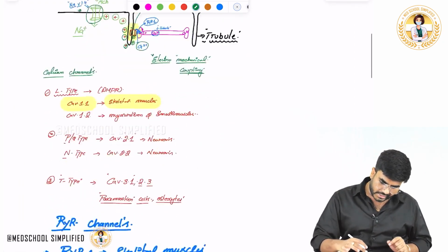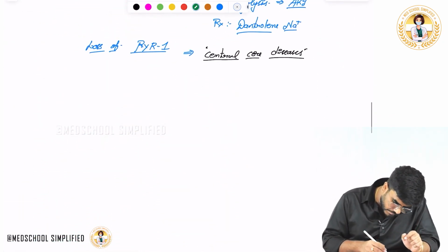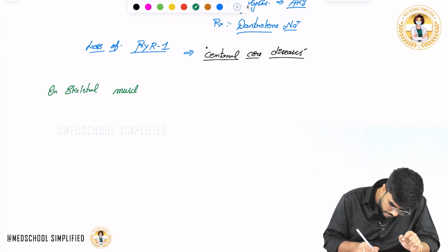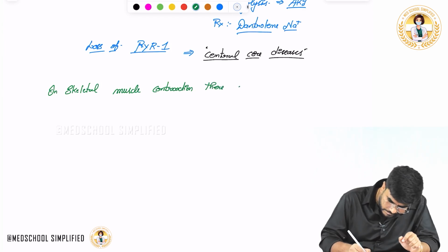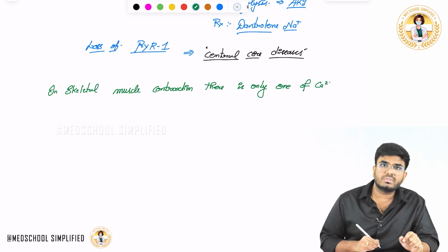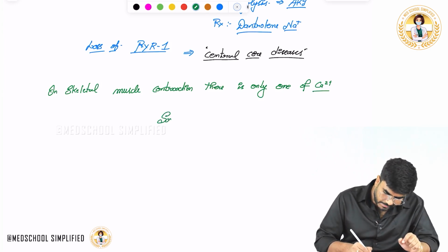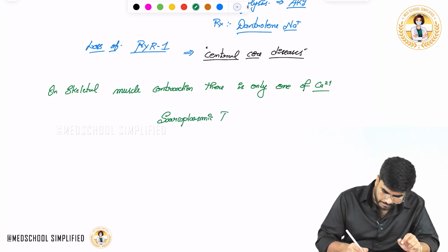So in skeletal muscle contraction, there is only one source of calcium, and what is that one and only source? That is the sarcoplasmic reticulum.